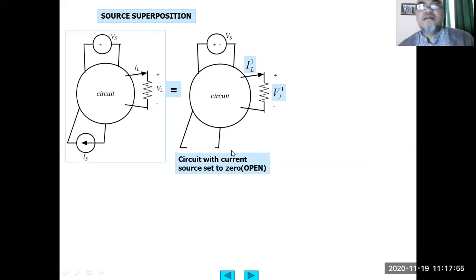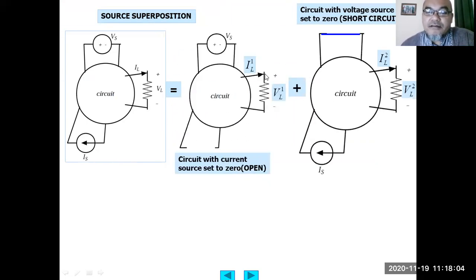Basically, an open circuit current source equals a current source which has a 0 value, plus the contribution of the voltage load and current load due to the current source by making the voltage source 0, which is done by short circuiting it here. When short circuited, we know that the potential will be 0, right? They will be at equal potential, equal voltage.